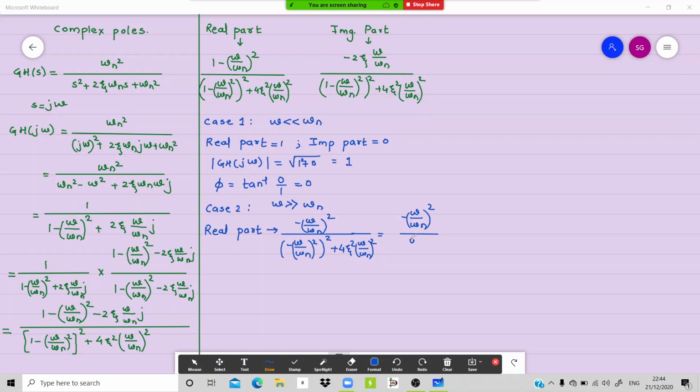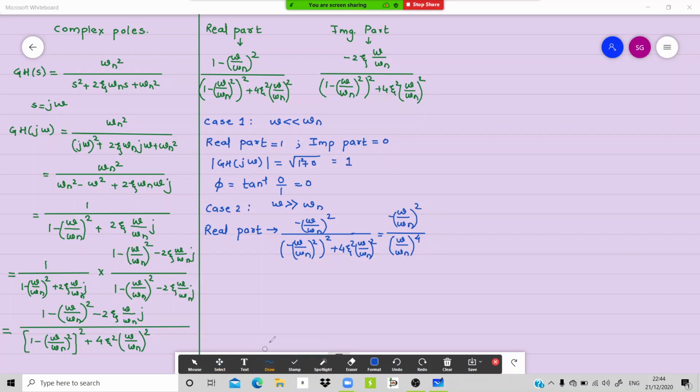That means the square of minus, and again square of this. Correct? So because power is 4, you will find that this is going to be plus. So even if I write raised to 4, it will be okay, because minus minus is going to become plus.